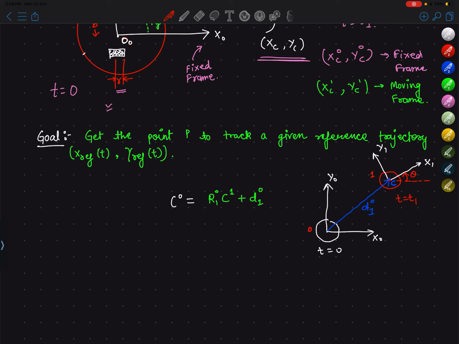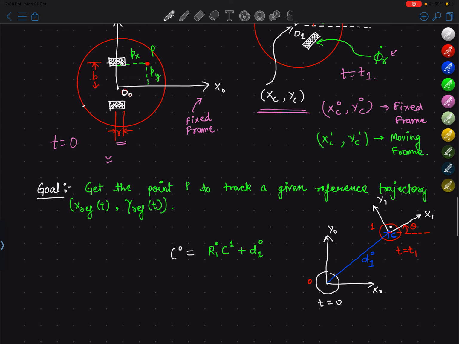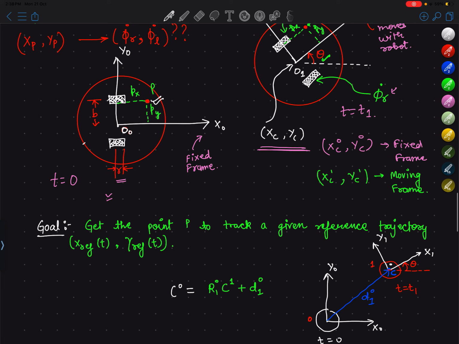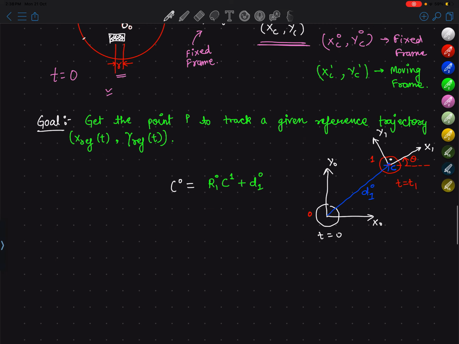All right, so we calculated this earlier. Now this is for the center of the robot. What about the point P that we marked, which we want to follow on a given trajectory? So let's write its relationship. P naught equals R1 naught P1 plus D1 naught.